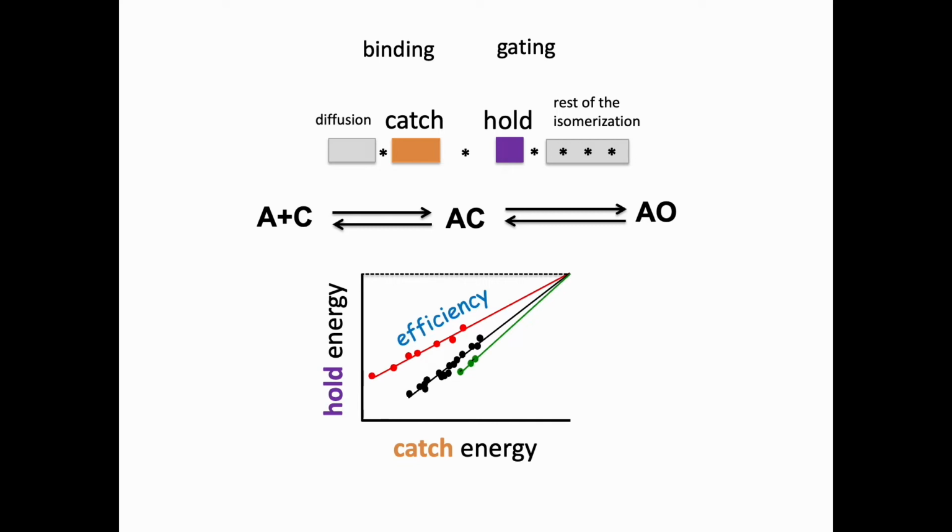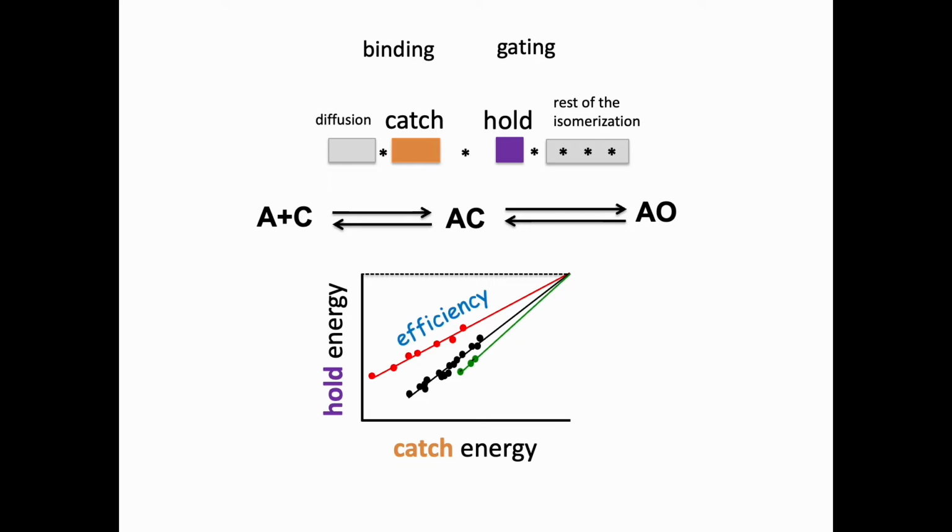So this is log KDC, that's catch energy. This is log L2, that's hold energy, because the rest of the isomerization is just an offset. This is plus an offset energy for the diffusion, which is the same, and this is hold energy plus an offset, which is from the rest of the isomerization. But the slope of the line is the same because the offsets are the same for all the points. Remember, each point here is a different agonist.